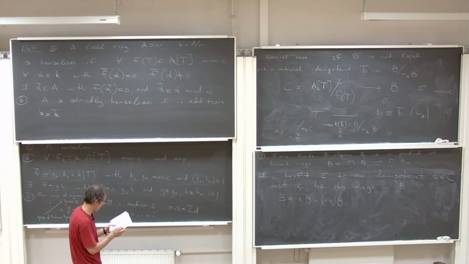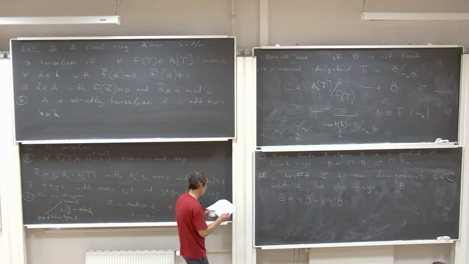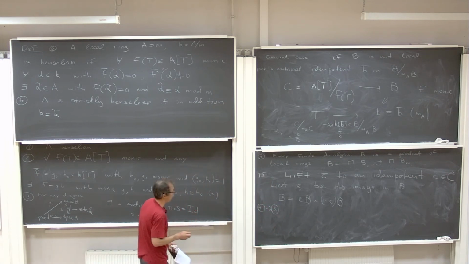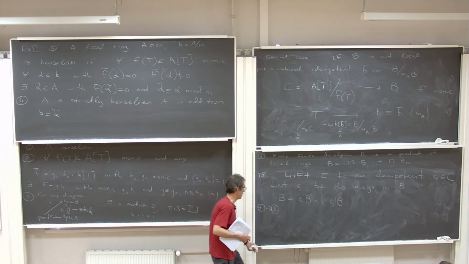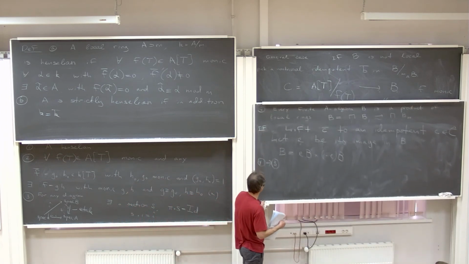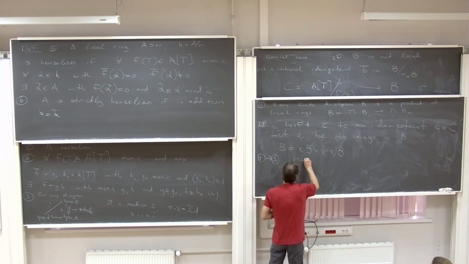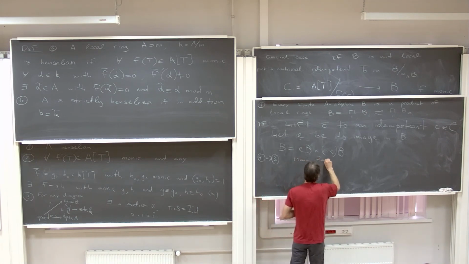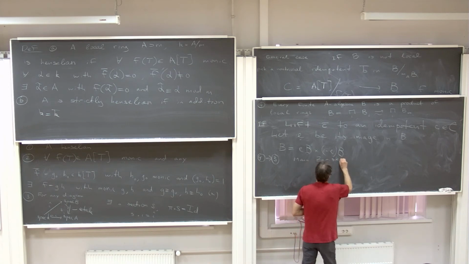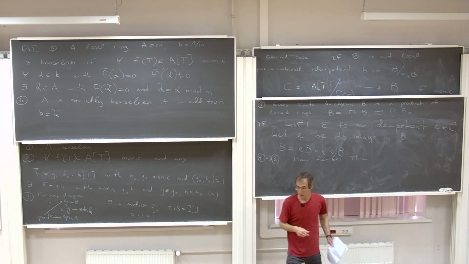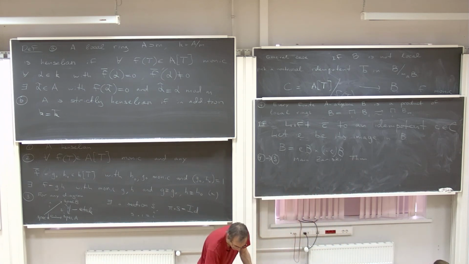Now let's prove that 4 implies 3. And this uses a non-trivial geometric ingredient, which is called Zariski's Main Theorem. Okay, that's the following innocently looking assertion.